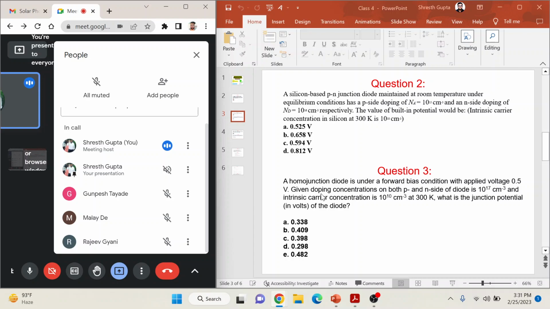The doping concentration on both the p and n side of the diode is 10^17 per cubic centimeter, and the intrinsic carrier concentration is given. What is the junction potential of the diode in volts? This is also a formula based question. Give a try. It's 3:32. I'm giving you 4 minutes. I'll tell the solution at 3:36 or 3:37.